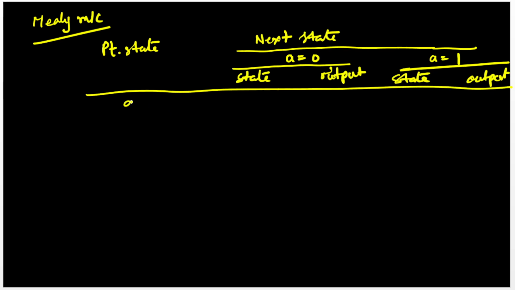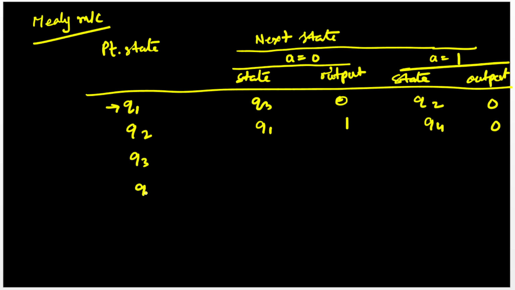Say suppose q1: for input 0 the next state is q3 with output 0, and for input 1 it is q2 with output 0. Suppose q2: q1 with output 1 and q4 with output 0. Suppose q3: q4 and q2 with outputs 1 and 1. Suppose q4: q1 and q3 with outputs 1 and 0.